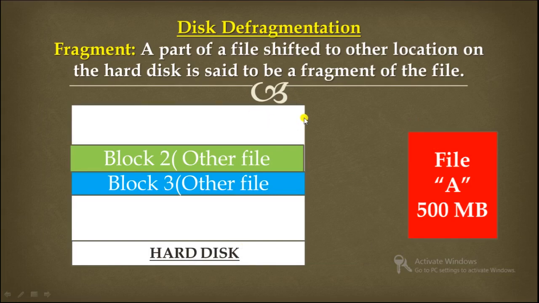Here we have block numbers 1, 2, 3, 4 and 5, and each block can store 200 MB. So the operating system will search for a free block.